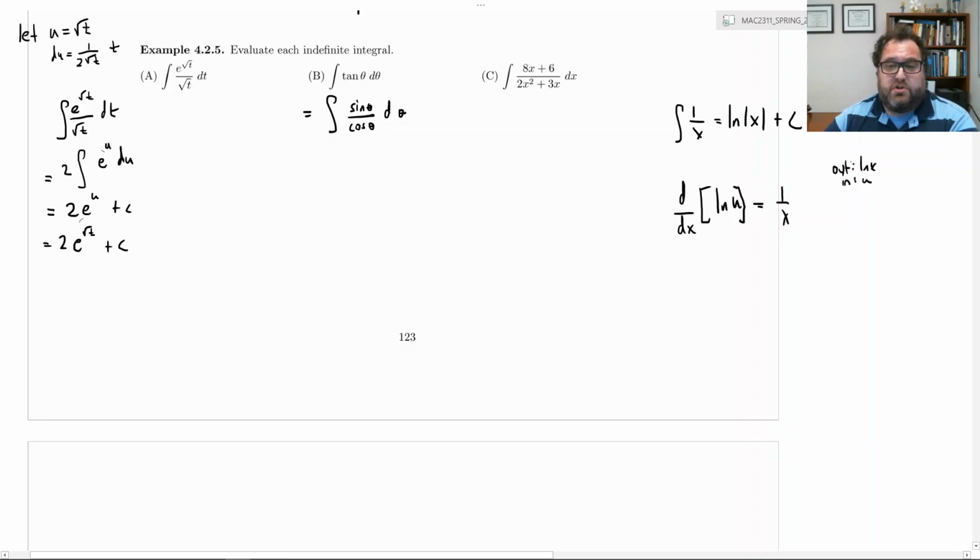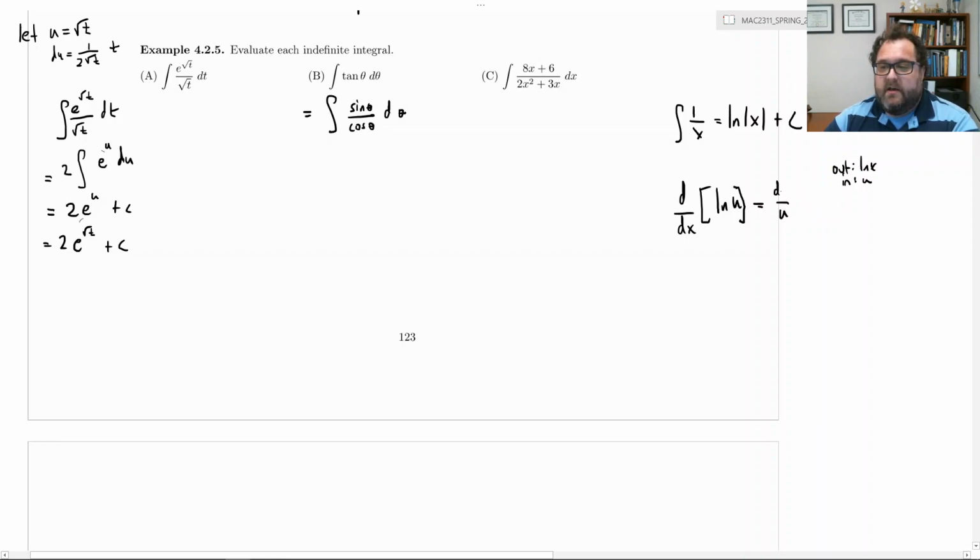So u is some function of x. You plug in your u, and then you multiply by the derivative of the inside function. We can call it u prime, or maybe du. In fact, du might be a good way to think about it now. So you have 1 over u times du, which I will now rewrite as just du over u.